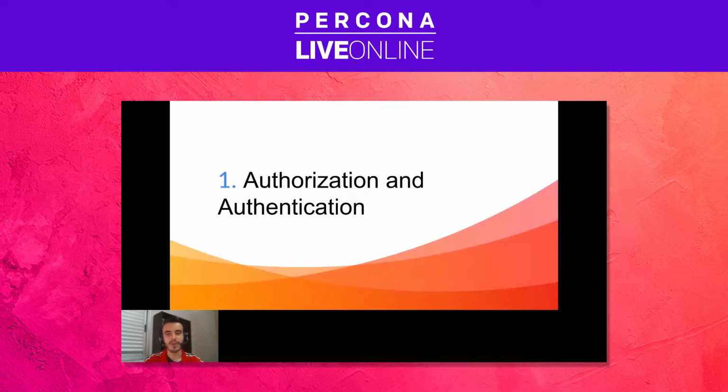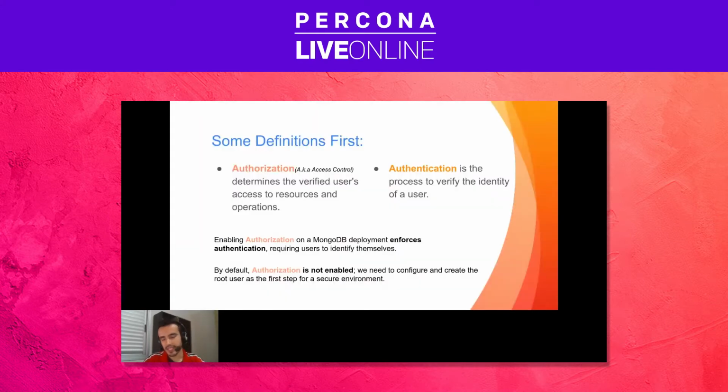The first topic will be authorization and authentication. So some definitions need to be given. Authorization and authentication are different features but work together. We cannot enable authorization without enabling authentication. So once we enable authorization, it enforces authentication as well.